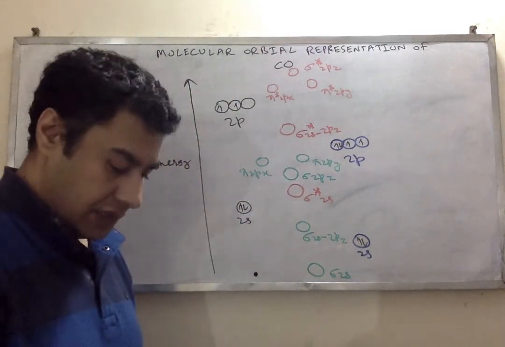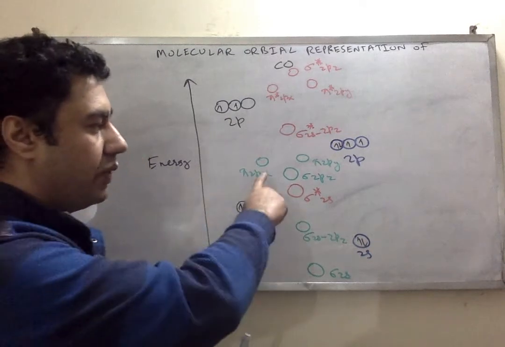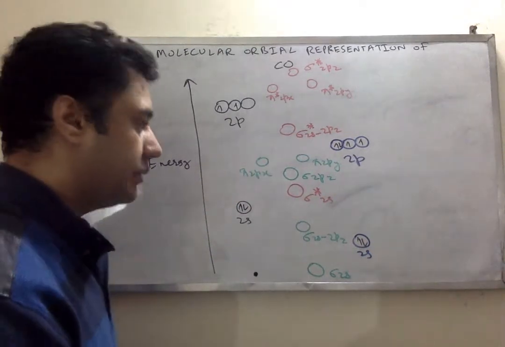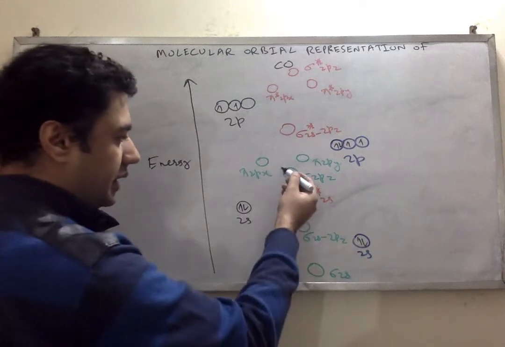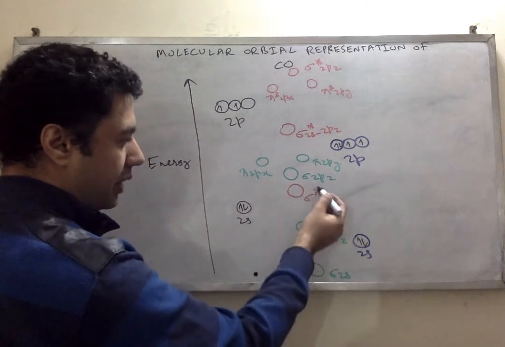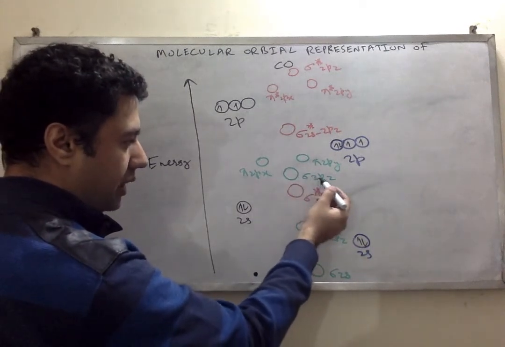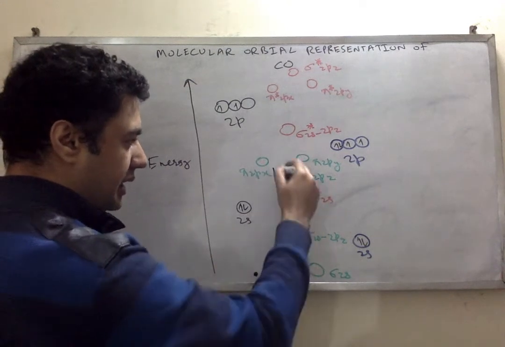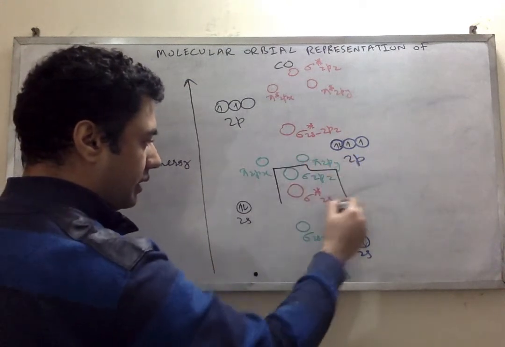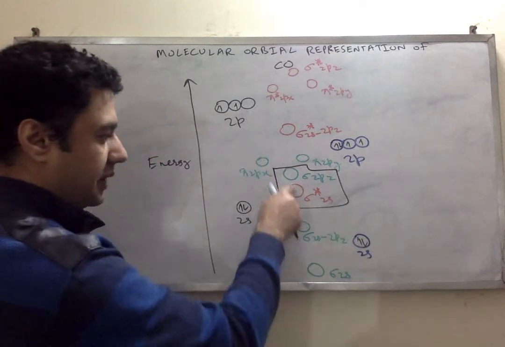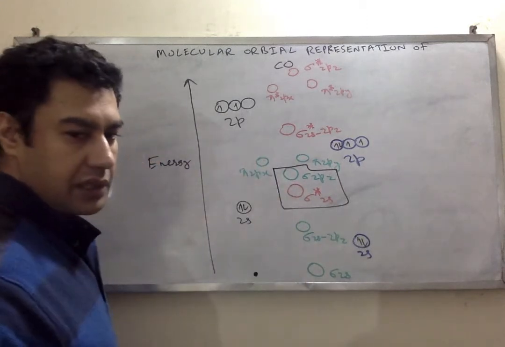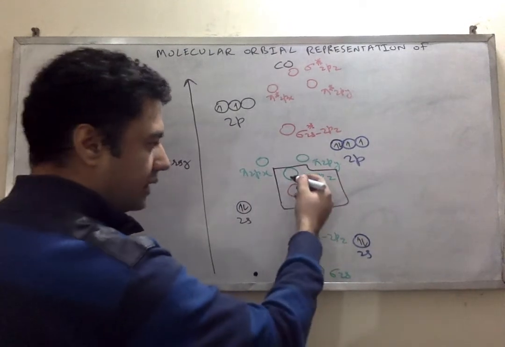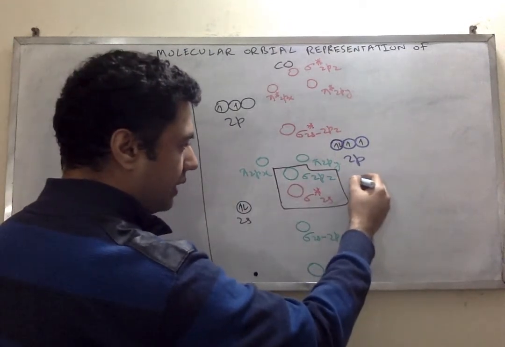Now the special thing which one must take note of before we start to fill up the electrons is that the energy of this anti-bonding orbital and the energy of this bonding orbital are very, very close. The essence of their energies being close to each other is that these orbitals cannot be used for filling up electrons.